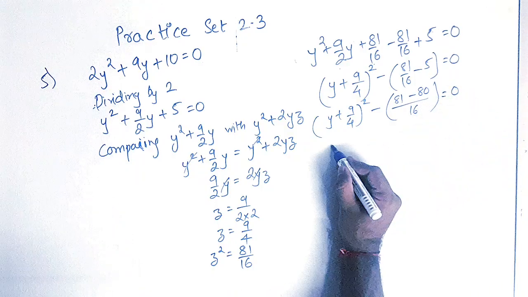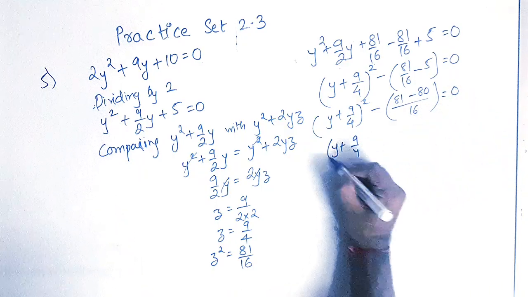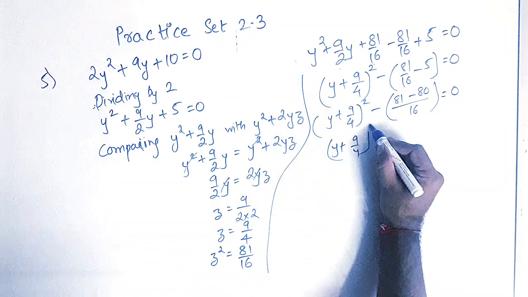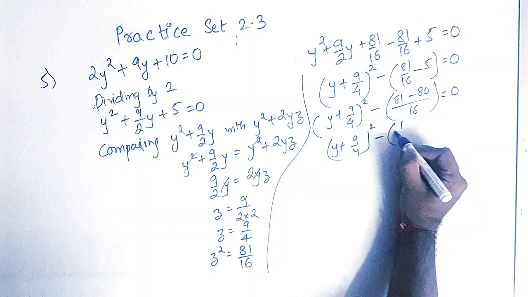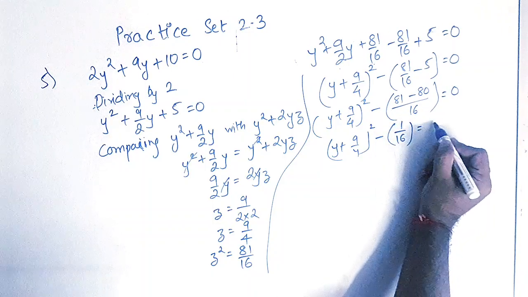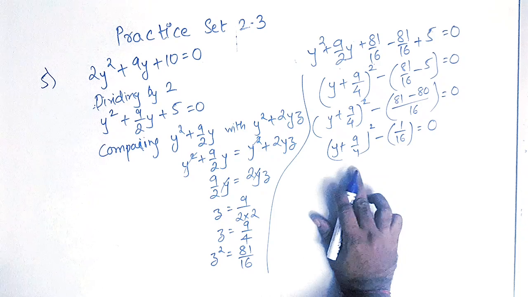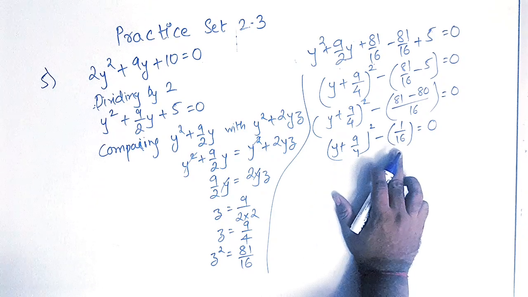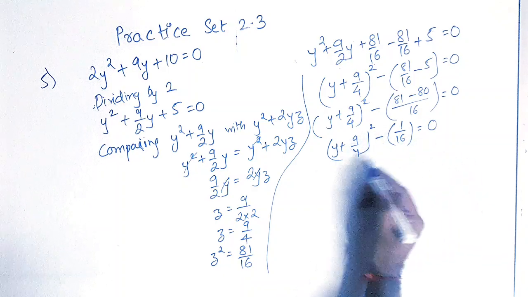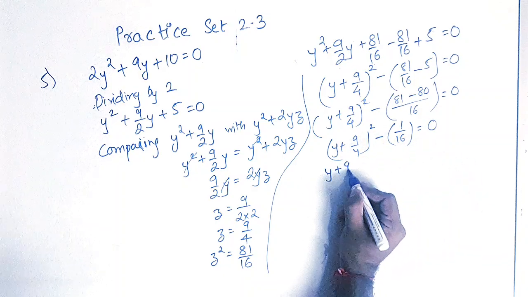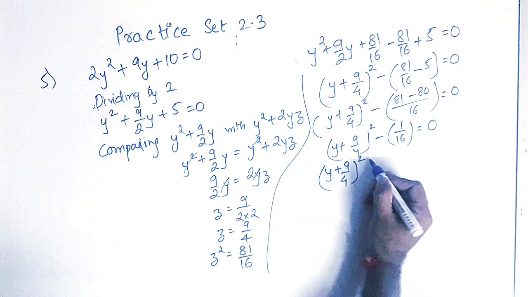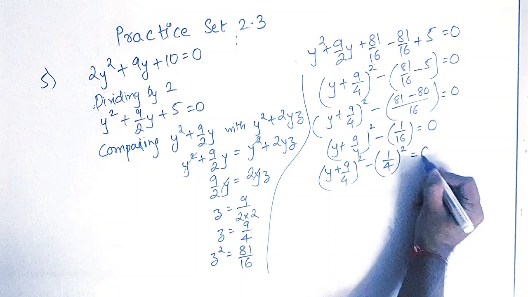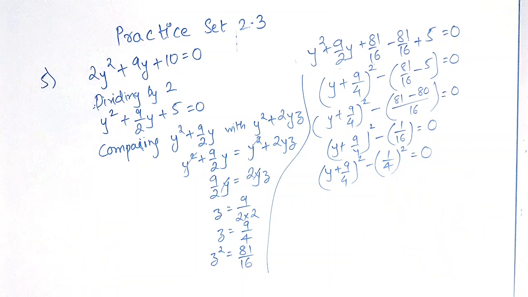Still this is as it is, minus this is 1 upon 16 equals 0. Still we are not yet getting this a square minus b square, so let us convert this into the whole square. So y plus 9 by 4 the whole square minus 1 upon 4 the whole square equals 0.